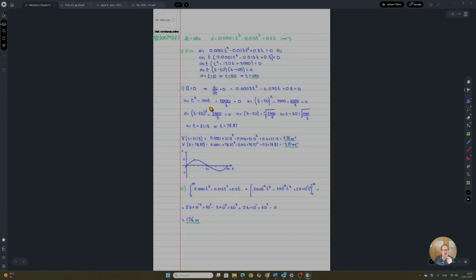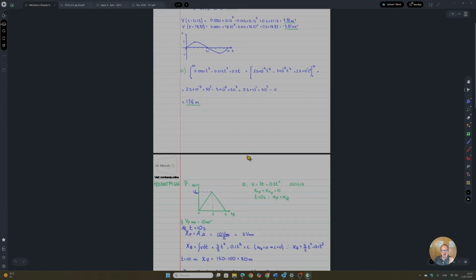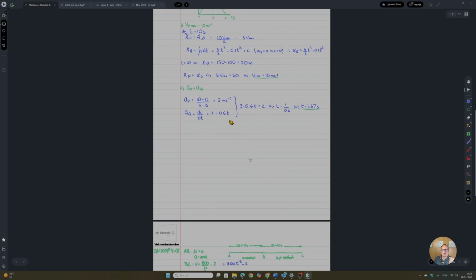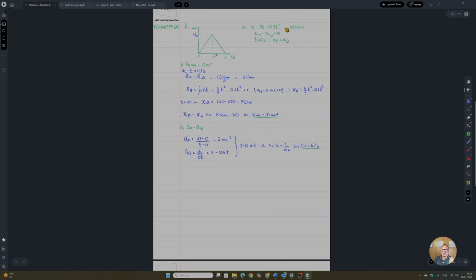Okay, so I just summarized everything over here for P and for Q. This is what I need to prove. Okay, sorry. I need to prove that the maximum velocity of P is 10 meters per second.